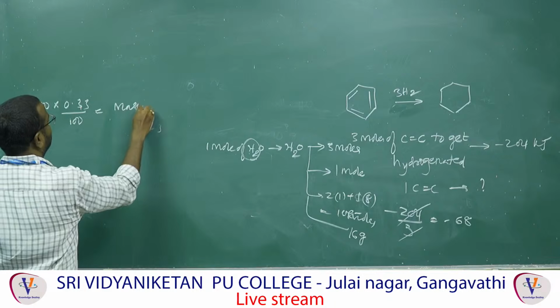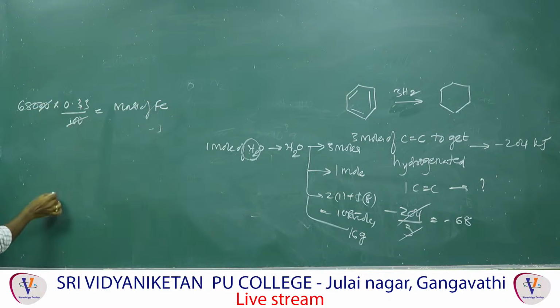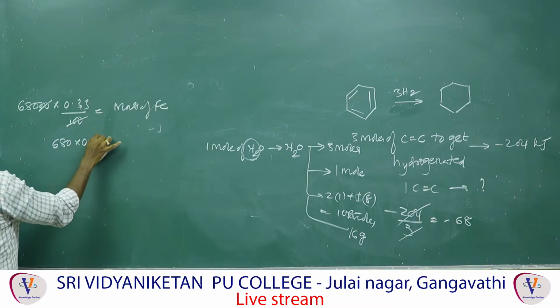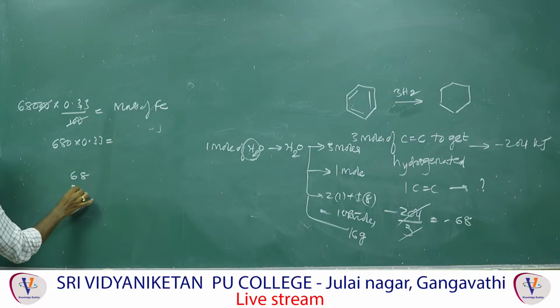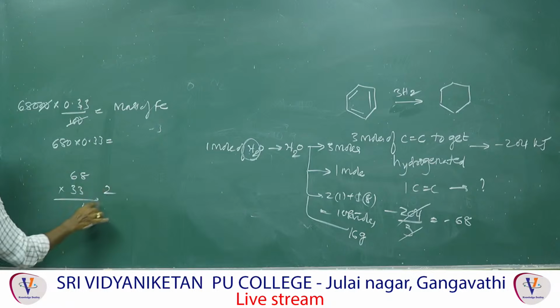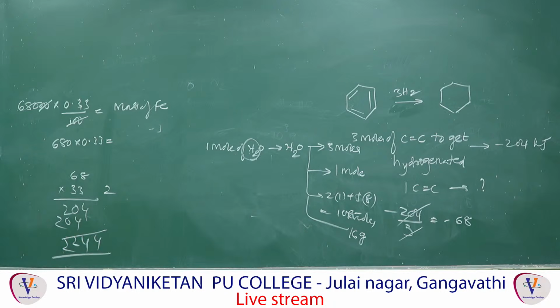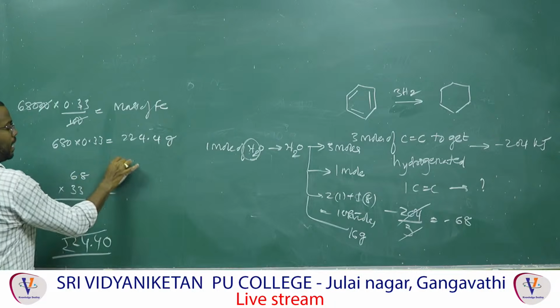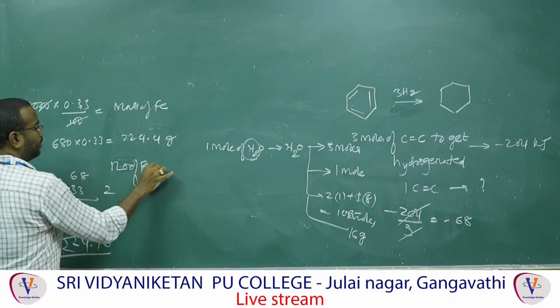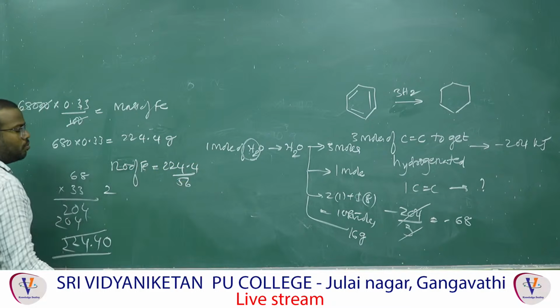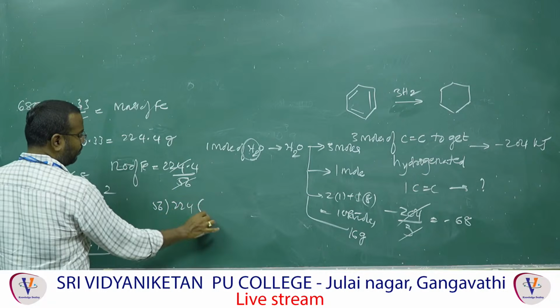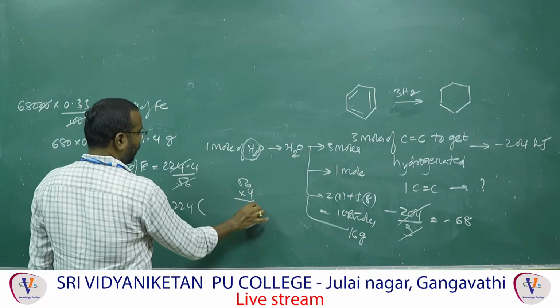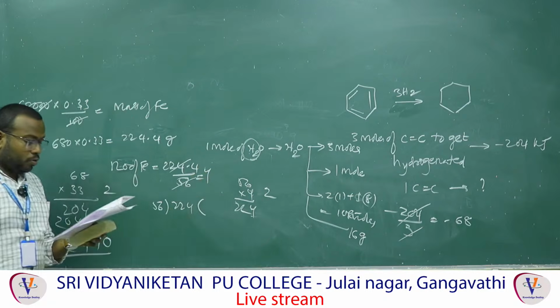That gives us the mass of iron in the given compound, where zeros can go away, and then 680 into 0.33 is what we are left with. 68 into 33 gives 224.4 grams. The mass of each iron is 56. So if we cancel that, 56 into 4, it's 4 atoms. So option 3 is correct answer.